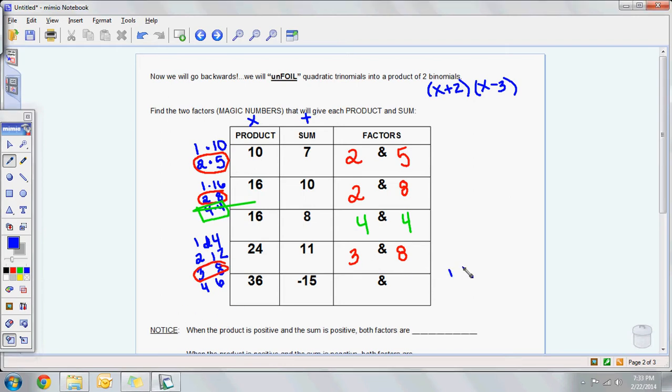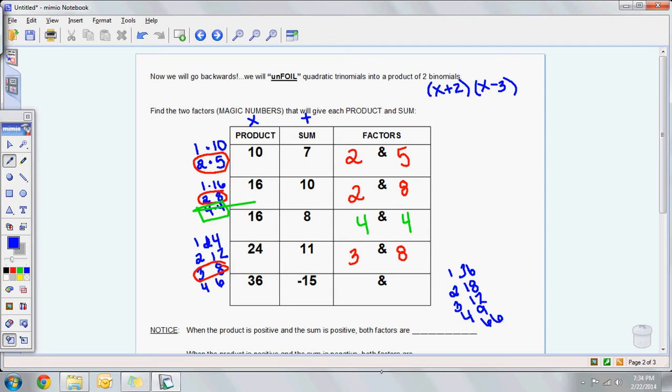So I have 1 and 36, 2 and 18, 3 and... doesn't work, does it? 3 and 12, sorry. And then 4 and 9. 5 doesn't work. 6 and 6.